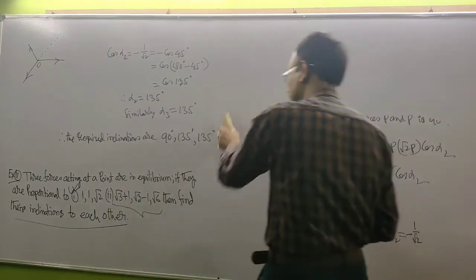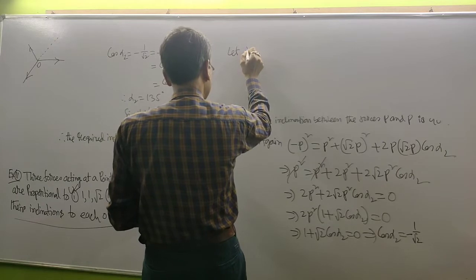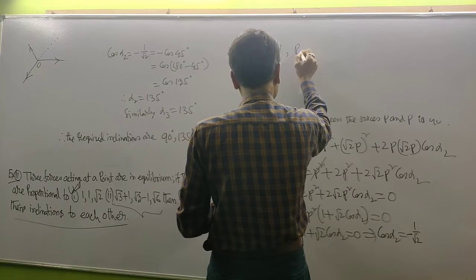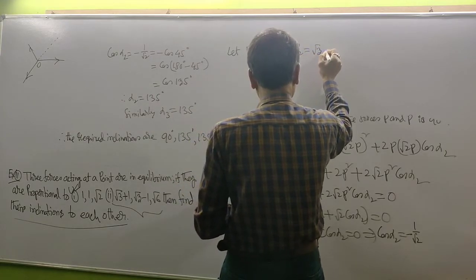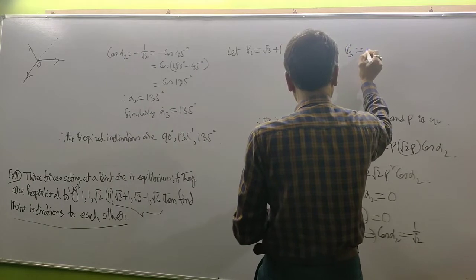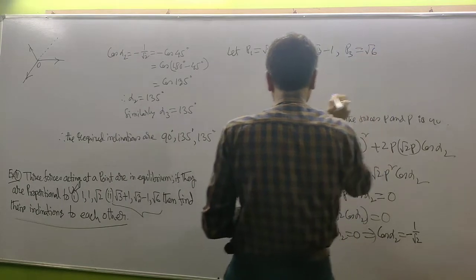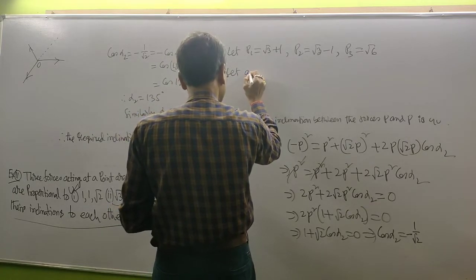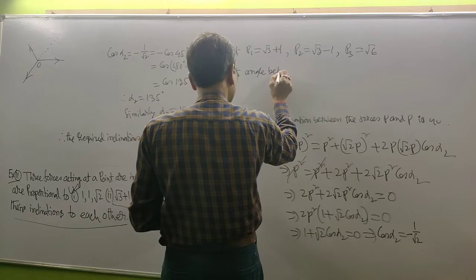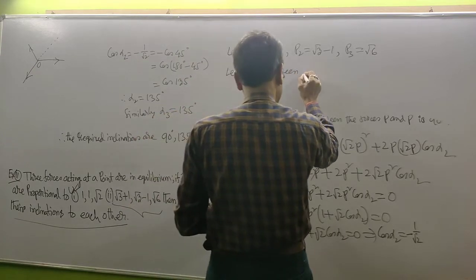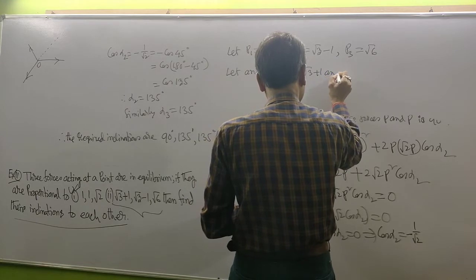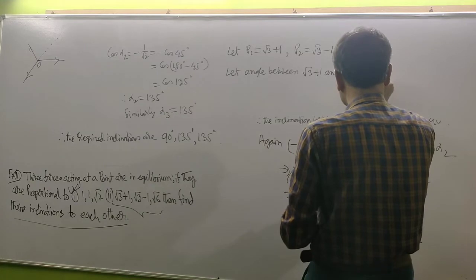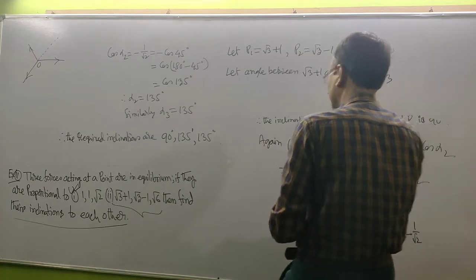Let P1 equal to root 3 plus 1, P2, the force P2, root 3 minus 1. Suppose the force P3 equal to root 6. Let the angle between root 3 plus 1 and root 3 minus 1 be, suppose, alpha 3.